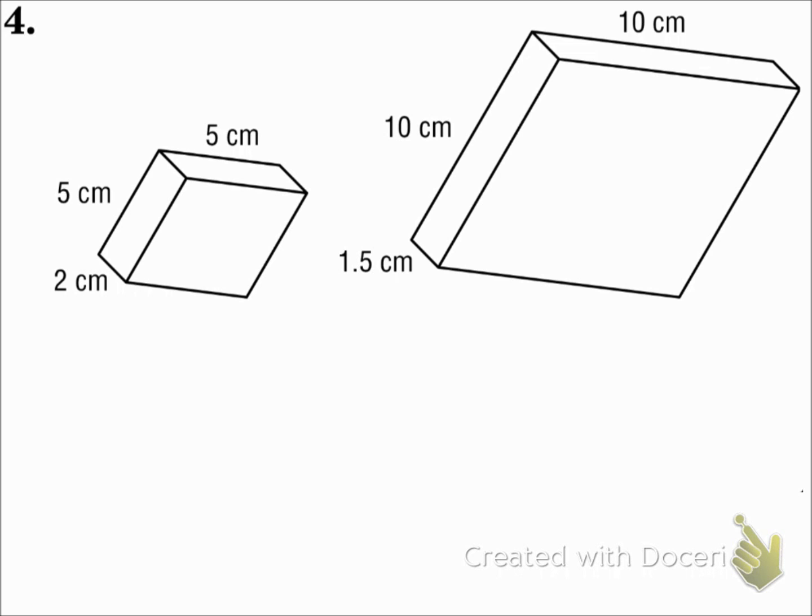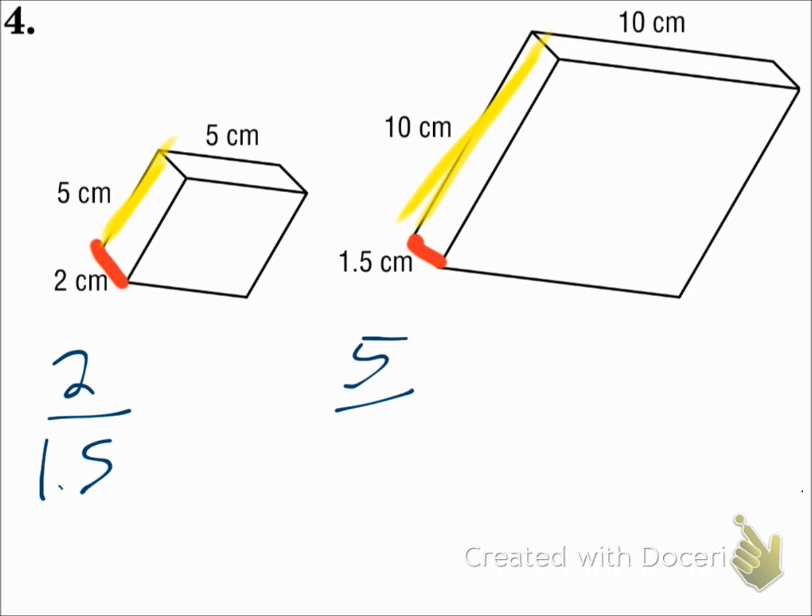Here we have two rectangular prisms. This 2 on the left matches 1.5 on the right. This 5 matches 10. And this other 5 matches the other 10.